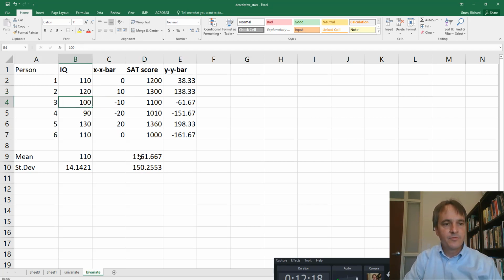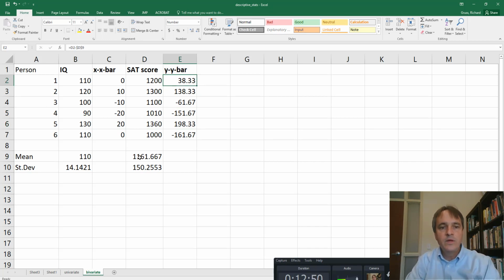For observation number 3, we have an IQ that is 10 points below the mean and an SAT score that is 61 points below the mean. Here we have an IQ that's 20 points below the mean and an SAT score that is 151 points below the mean. For observation number 5, we have 20 points above the mean and 198 points above the mean.